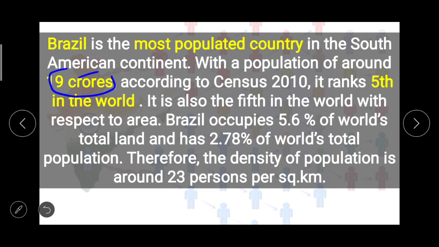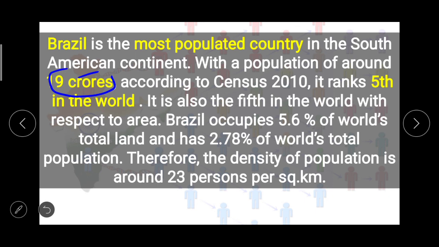We Indians are 121 crore and second number if you talk about the rank-wise distribution of population. 121 करोड़ हमारा पॉपुलेशन है और हम सेकेंड नंबर पे हैं, whereas ब्राज़ील का पॉपुलेशन सिर्फ 19 करोड़ है और वो 5th नंबर पे है.